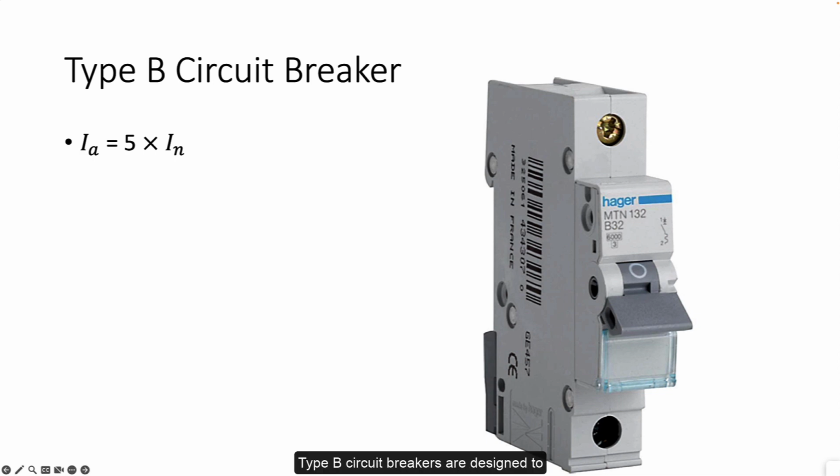In summary, type B circuit breakers are designed to trip at a level between 3 to 5 times the rated current, making them suitable for applications where there is no significant inrush current.